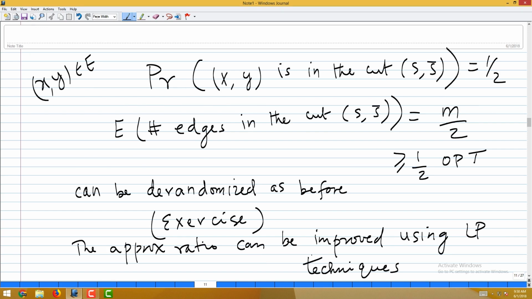Linear programming and an even more extended version called semi-definite programming, which has been picked up in the last 10 years, has improved the approximation ratio from half to 0.878 or something. You can bring it close to 1. So, you can find a cut which has a large number of edges compared to the optimum.